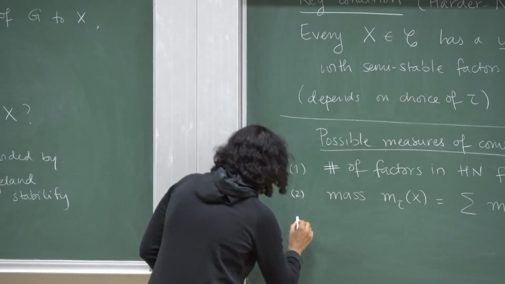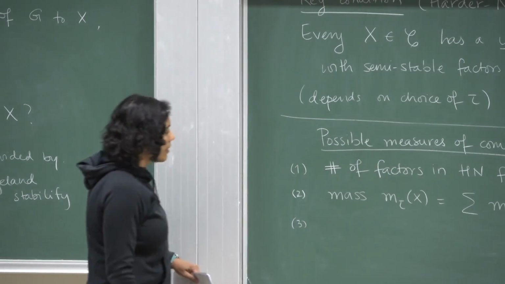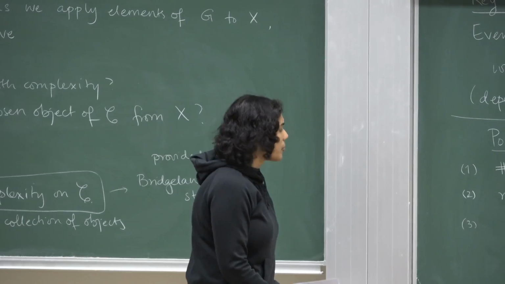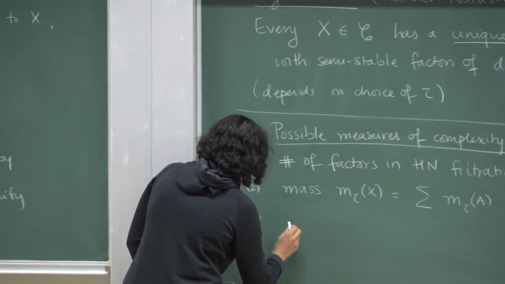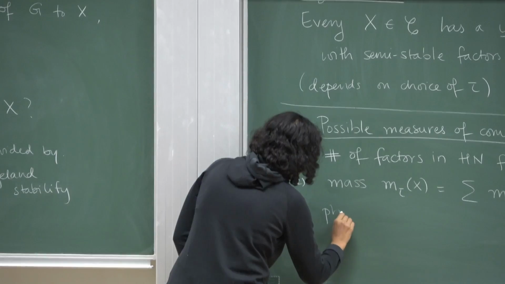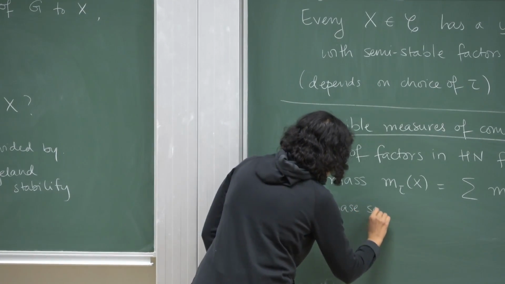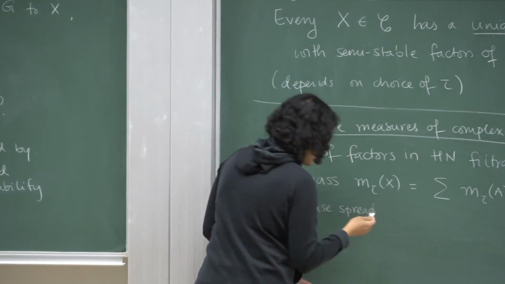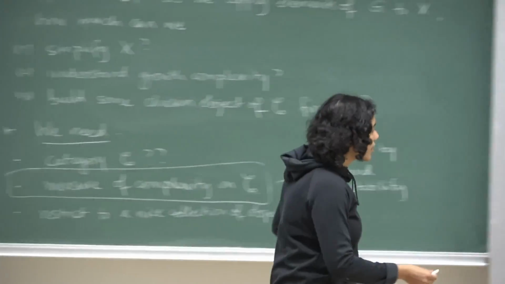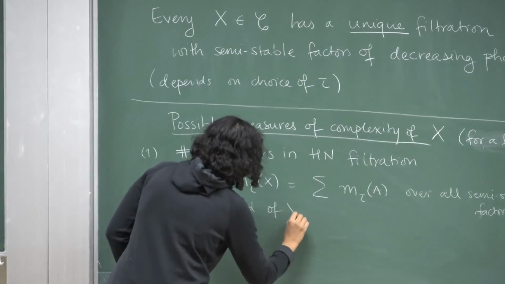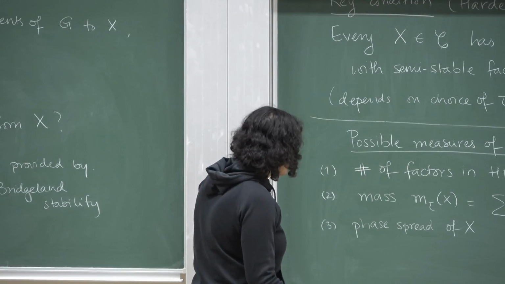Okay, and the third one that I'll consider, and I'm sure you can come up with many others, is the so-called phase spread of X. I realized I don't have a notation for this, but it's okay.